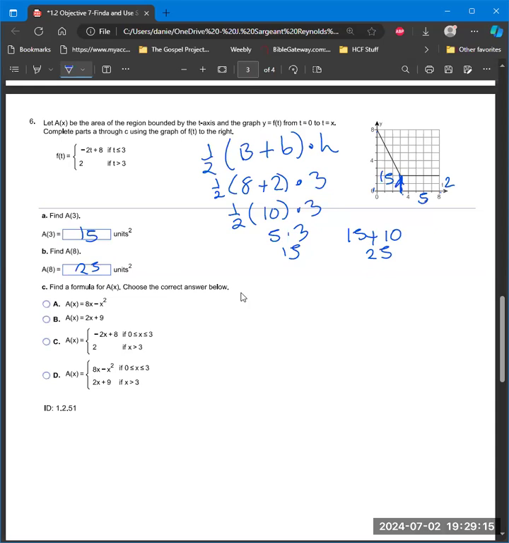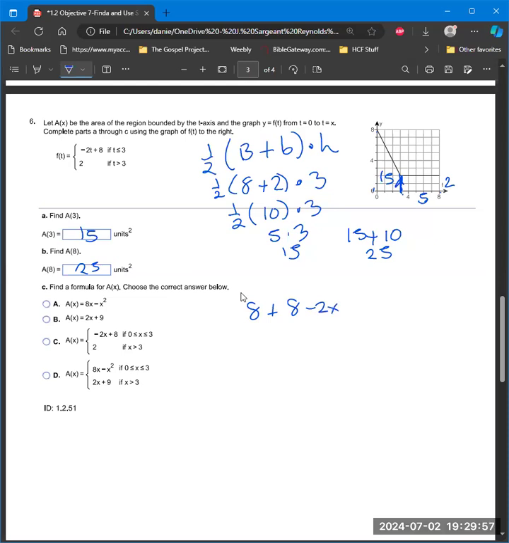Now we need to come up with a formula, a piecewise defined function that we can stick any x value into. So let's go ahead and do that here. For the trapezoid, we're going to have a base on this side of 8 plus little b, which is this function here, 8 minus 2x.